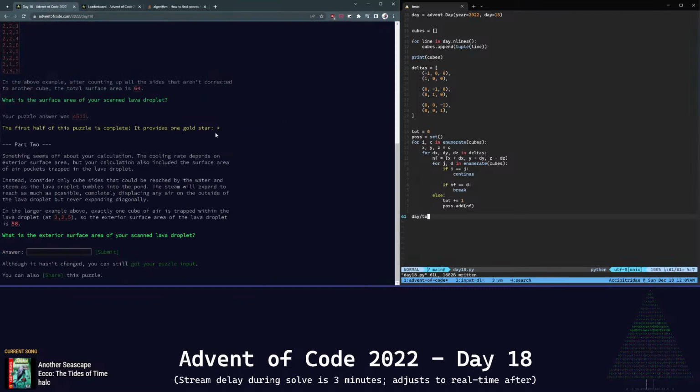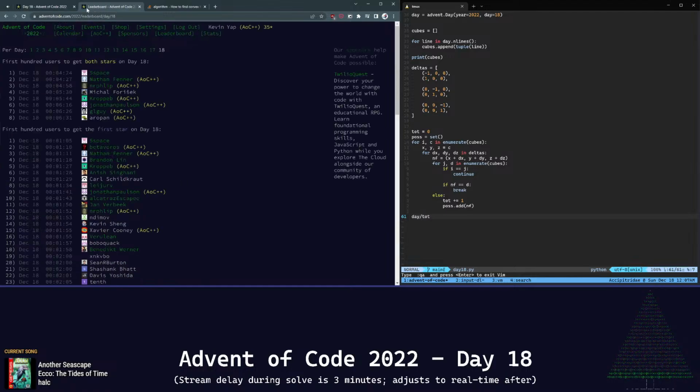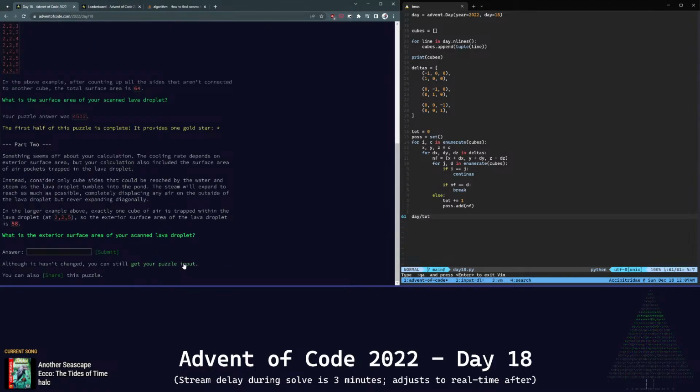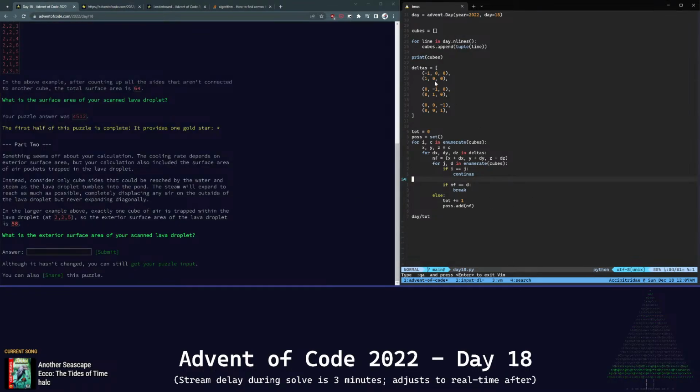Seems like too much effort. I don't think it would be this. How do we think about this problem? I guess we can just sweep from... How big are these numbers? Oh, it's not that bad. Okay.